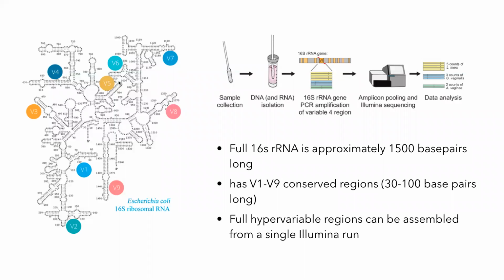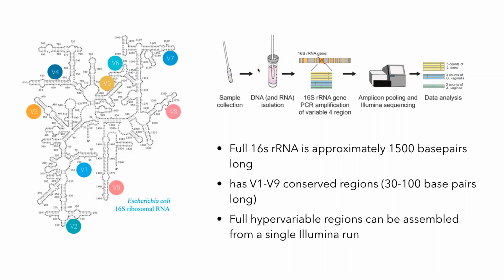So if we talk about how we can use this material, we typically select for 16S ribosomal RNA, and then look for these specific V1 to V9 conserved regions, which are between 30 and 100 base pairs long. And then just those regions, right? So sometimes several of those regions are assembled together in a single Illumina run.